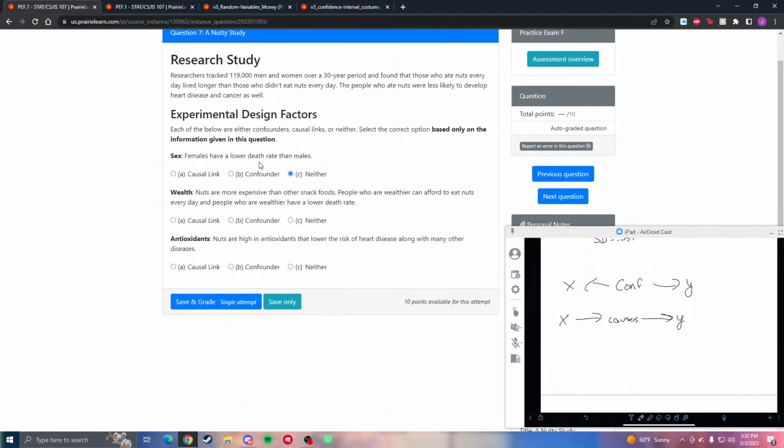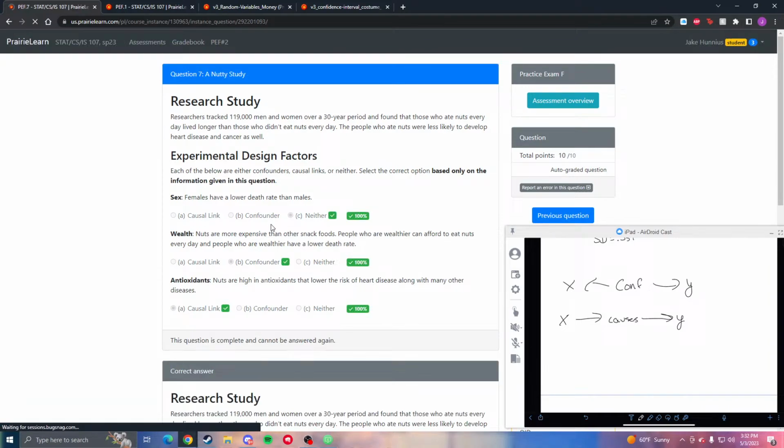This one is neither, because it's talking about nuts. Nuts are more expensive, so richer people can eat nuts, which probably means if they can afford the expensive nuts, they can afford to go to a doctor. Nuts are high in antioxidants, so you eat nuts, you get more antioxidants, you get a lower heart risk. So there's your causal link.